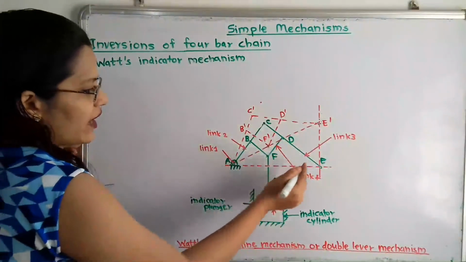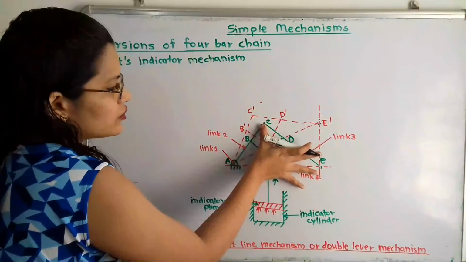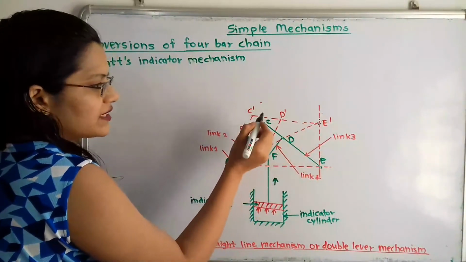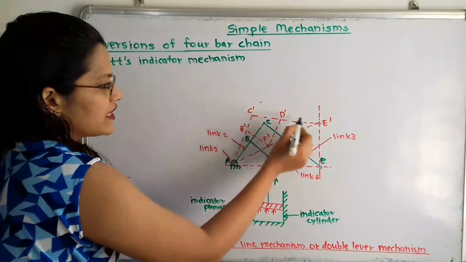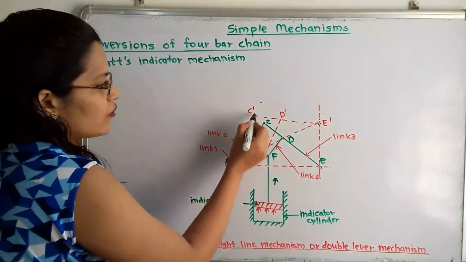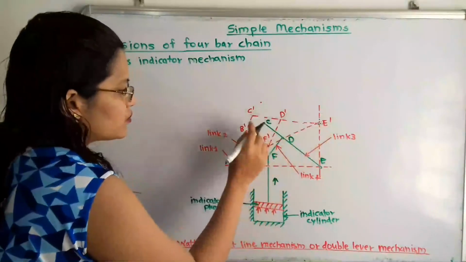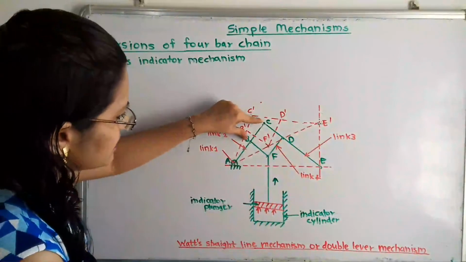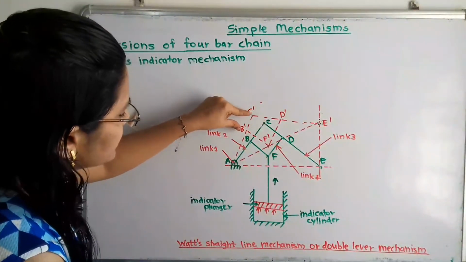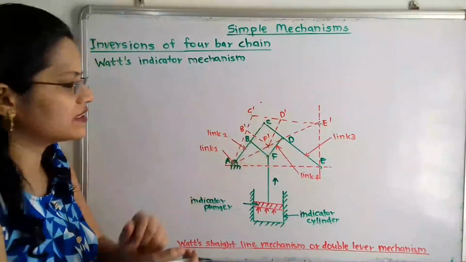So again we have to take this link CE. For the secondary position we have to show C dash, E dash, and here A to C dash. Now in these two links, that is AC dash and C dash E dash, we have to plot by taking the distance CB equal to C dash B dash, and distance CD equal to C dash D dash.